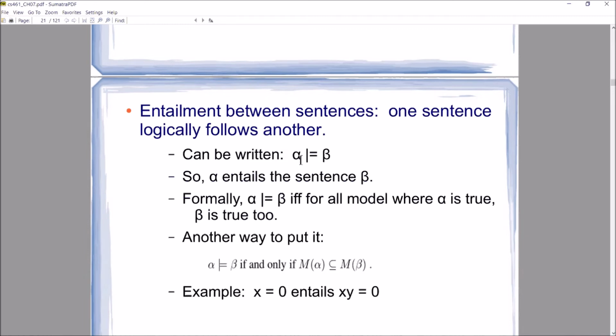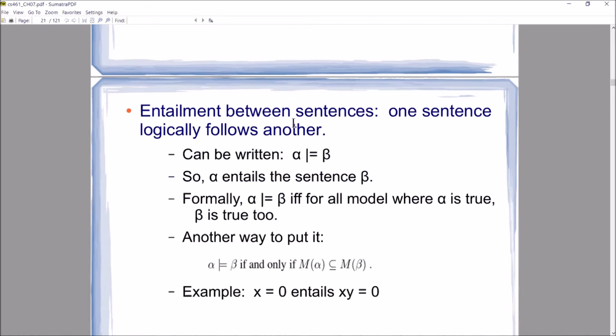So, for example, maybe sentence alpha is 80 years old, and beta is you're old, right? So what this is saying is, hey, 80 years old entails the fact that you're old. So one sentence logically follows from another. You're 80 years old, therefore you're an old person, right? And I'm not trying to be ageist here or anything like that.